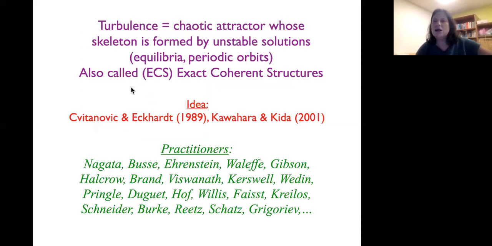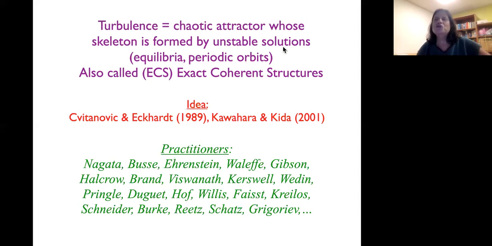The next phase in this historical evolution was the idea that turbulence was a chaotic attractor whose skeleton is formed by unstable solutions of the type equilibria and periodic orbits, in the context of wall-bounded shear flows.